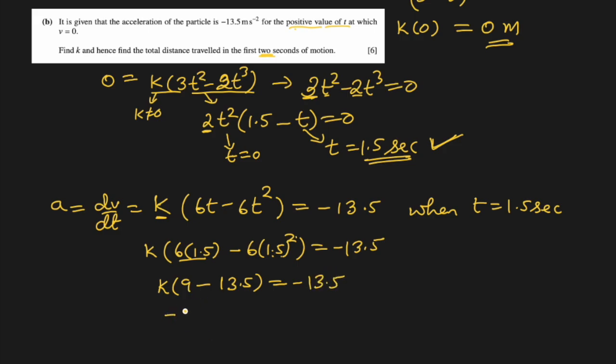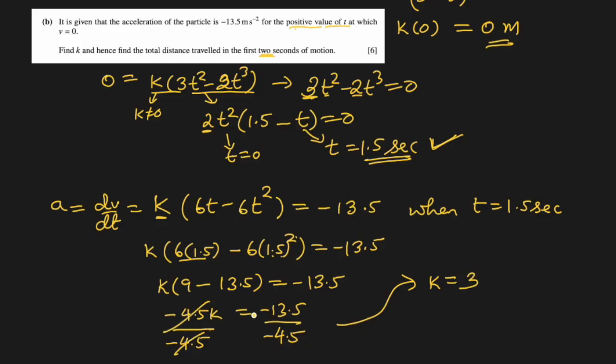This is negative 4.5k equal to negative 13.5. Divide both sides. This cancels, this becomes positive. 13.5 divided by 4.5 is 3. So k comes out to be 3. So they're saying find k and hence find the total distance traveled in the first 2 seconds of motion.